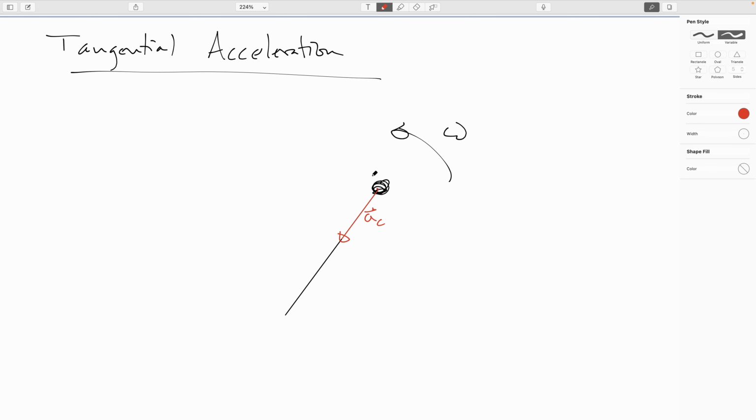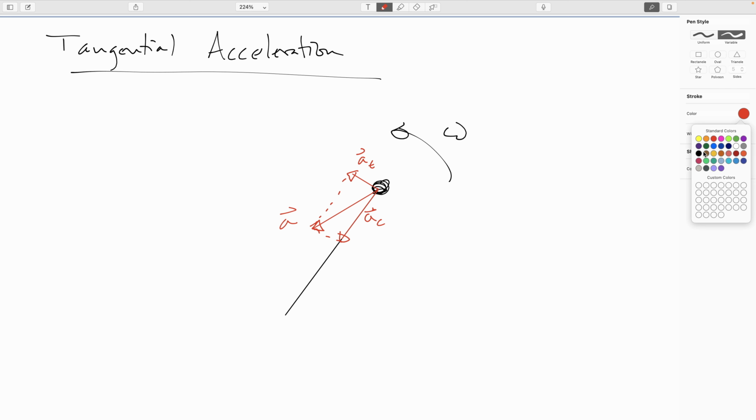But then since we're changing speed, we also have to have a tangential piece pointing in the same direction as the tangential velocity. And so here I'll go ahead and add them up by the parallelogram method. The actual acceleration of my mass on a string is actually pointing forward and inward.